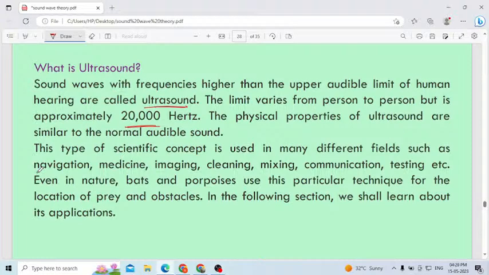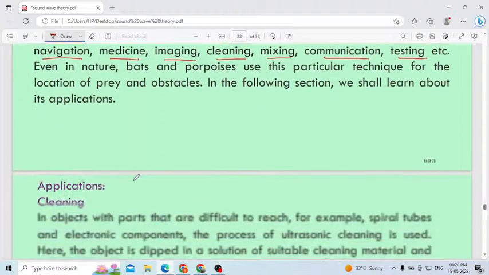What is the use of ultrasound? Navigation, medicine, imaging, cleaning, mixing, communication, testing. In all these fields we use ultrasound. Even in nature, bats and porpoises use this technique for locating prey and obstacles. In the following section, we will learn its applications.